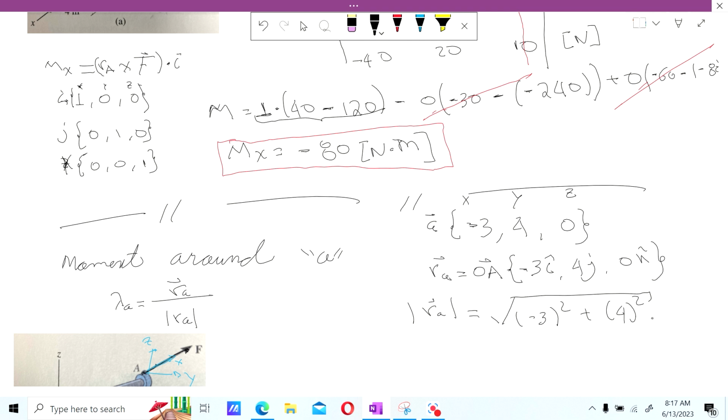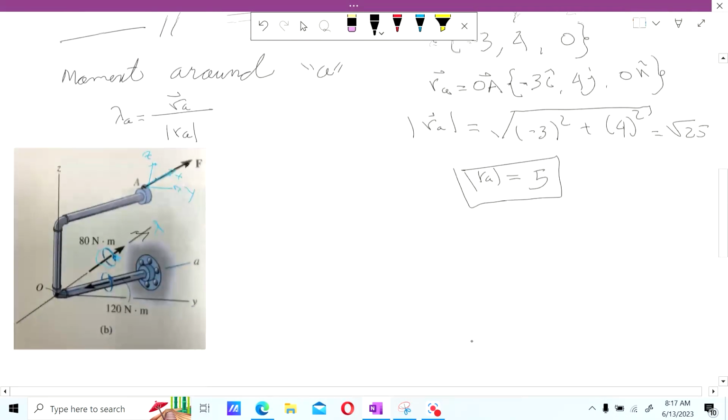And this is equal to the square root of 9 plus 16, which is 25, and this is equal to 5.